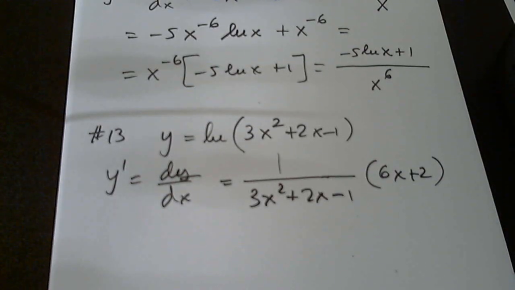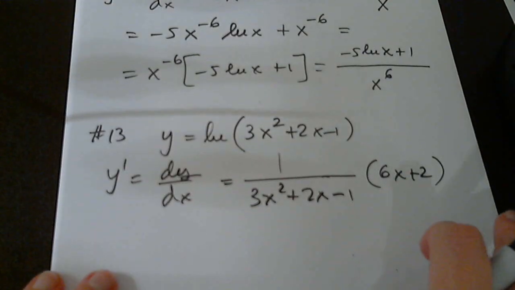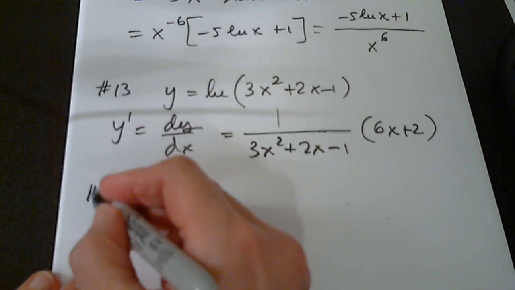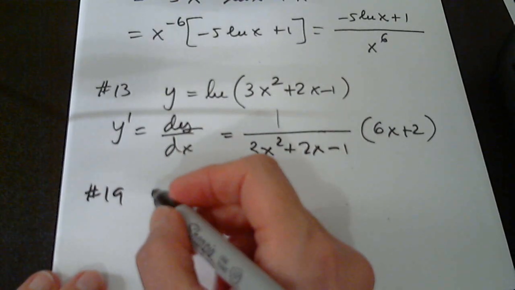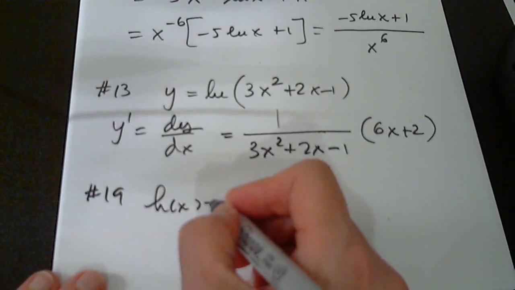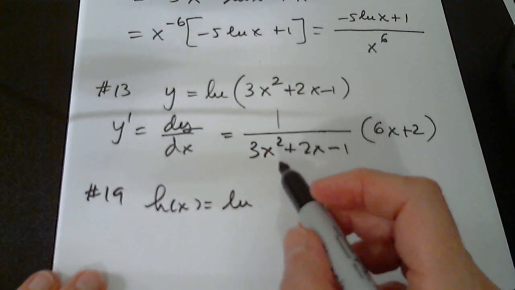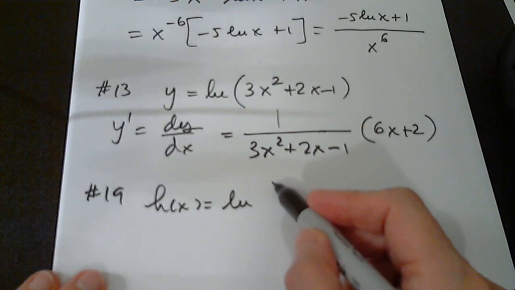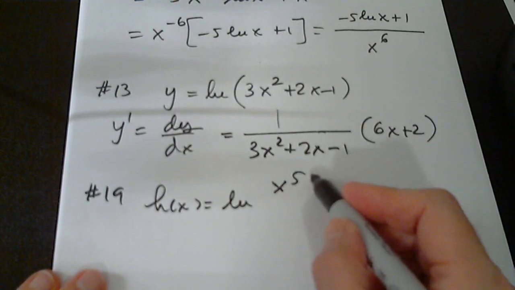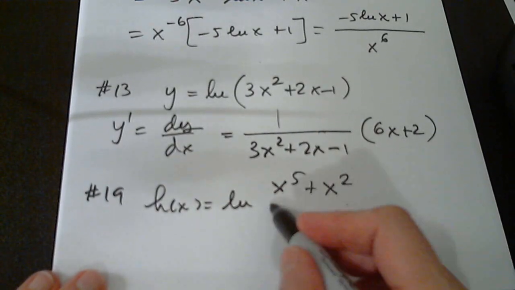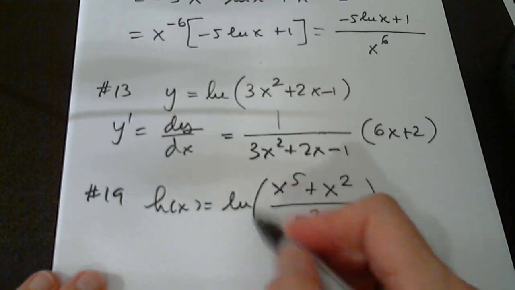Let's also look at one of these equations if you'd like, or we can look at some word problems. Can we do number 19? Number 19, very good. Okay, so h of x equals natural log of a messy situation. Of course, I will distribute x to the 5th plus x squared over e to 2x.